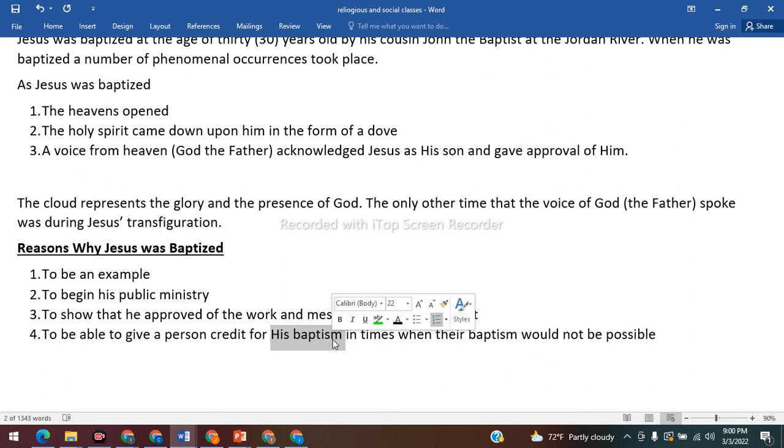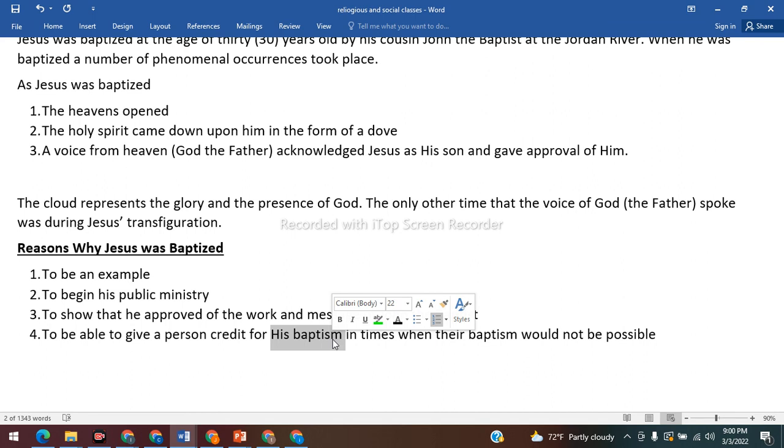So when God looks at him, God doesn't see his baptism because, of course, his baptism never happened because it's impossible for him to get baptized. But when he comes to God in Jesus' name, God is going to give him credit as if he was baptized, but he's going to use Jesus' baptism in his place.